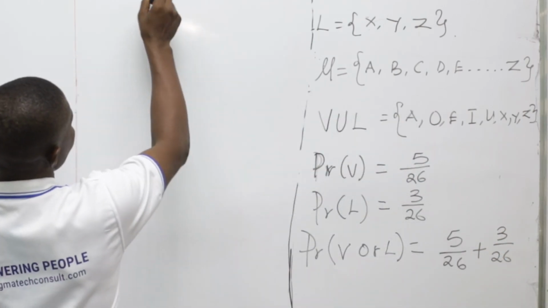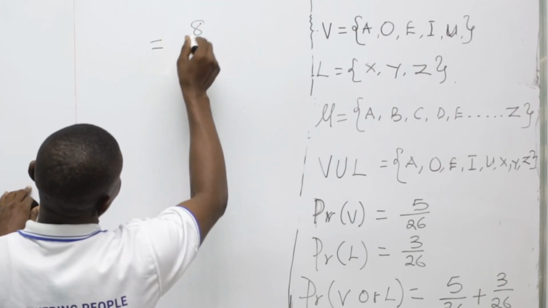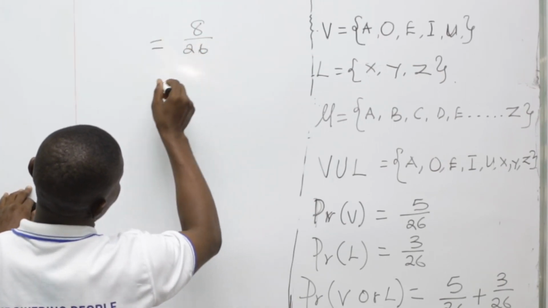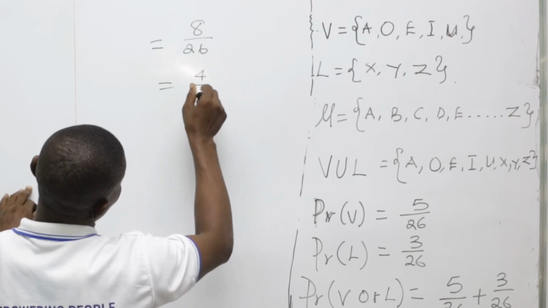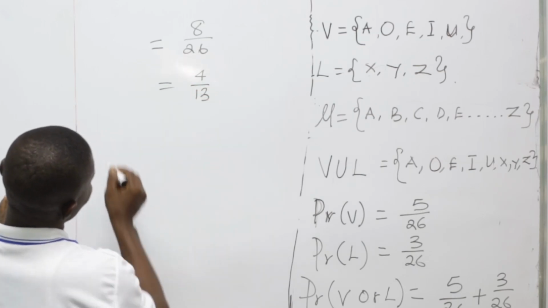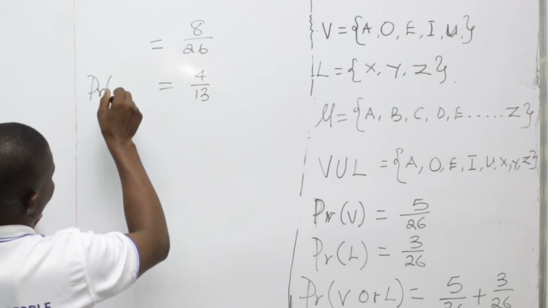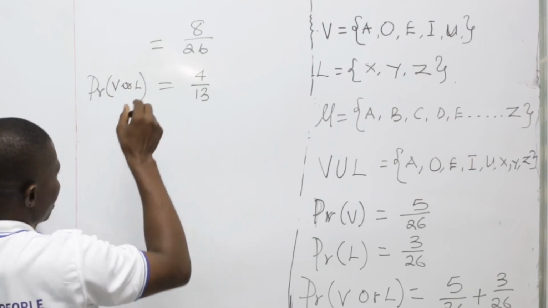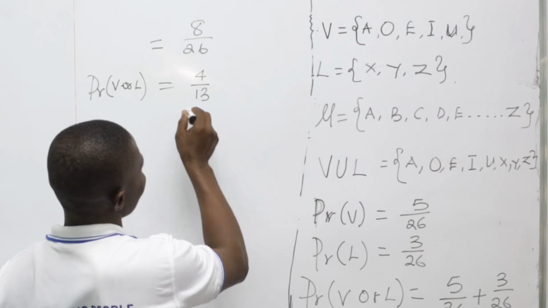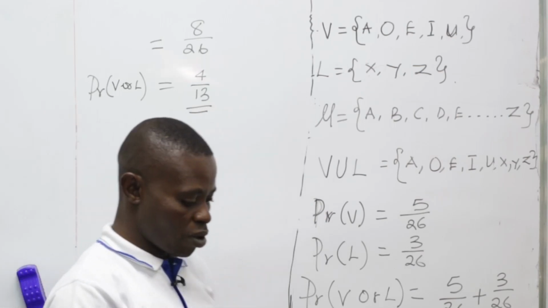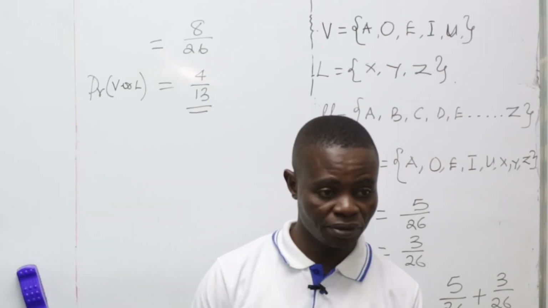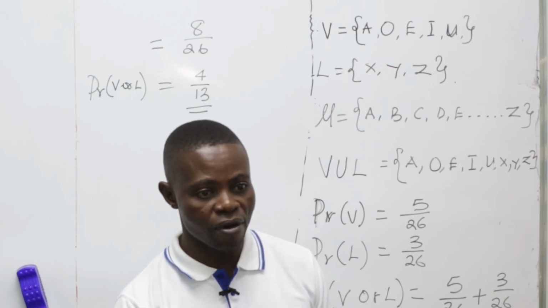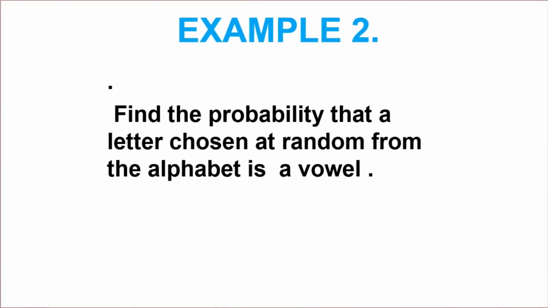This will give us 8 all over 26. 2 here, 4; 2 here, 13. So the probability of vowel sound or letters X, Y, Z equals 4 over 13.